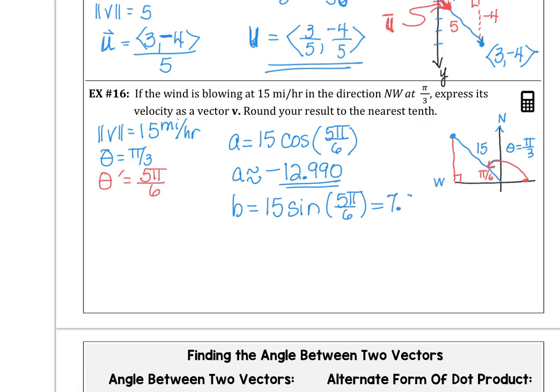That's 7.5, because the sine of 5 pi over 6 is a half. That means we have vector v can be written, I'm going to round this to the nearest tenth, as negative 13.0 in the i direction and 7.5 in the j direction, and our units are miles per hour.